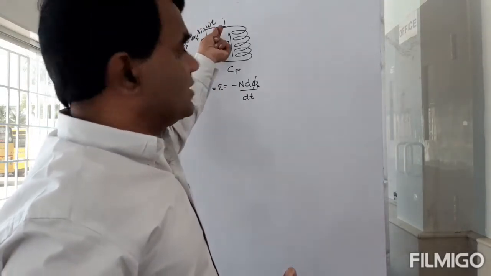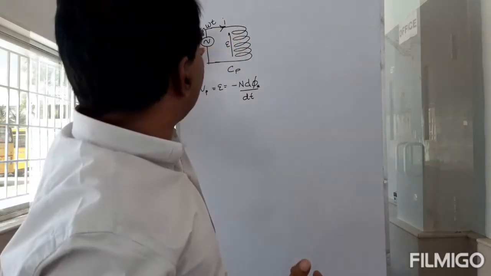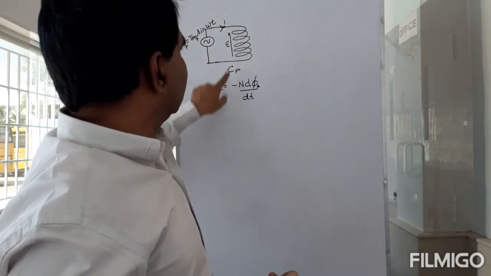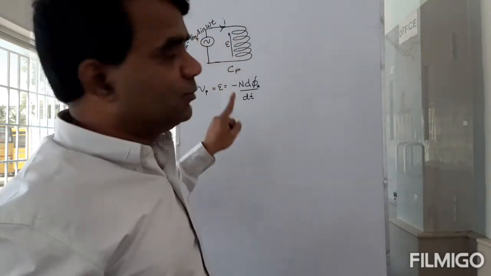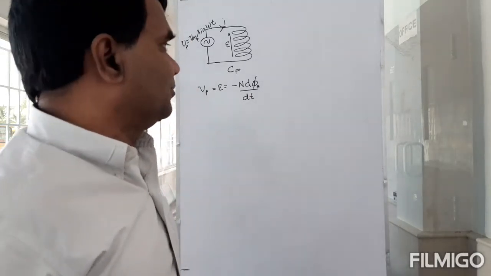There is no resistance across which there is a voltage drop. So all the voltage that you apply should be applicable here, and that must match the back EMF. So V_p is equal to minus d phi_B by dt.